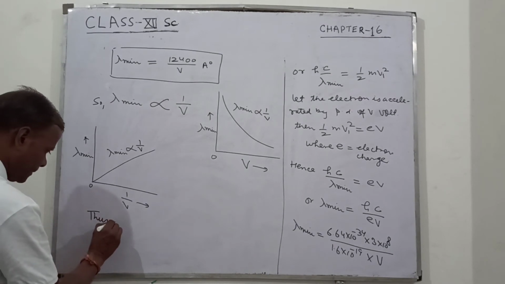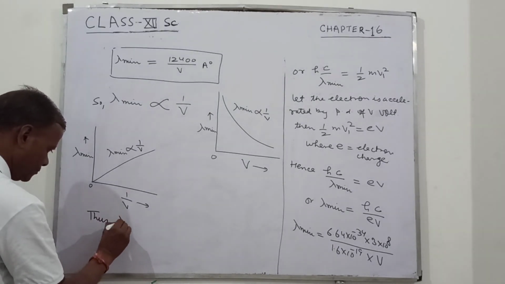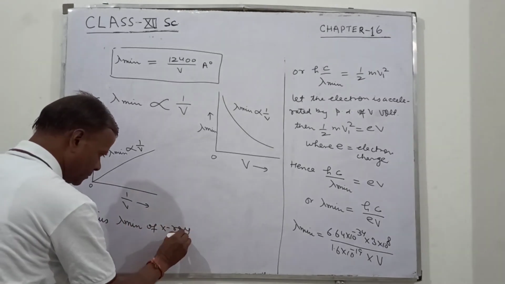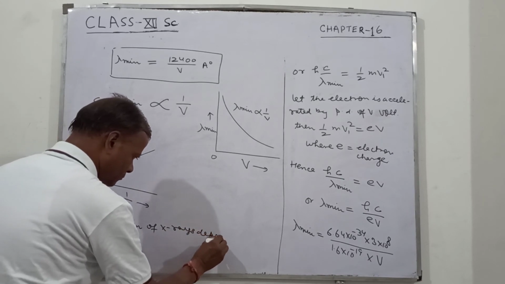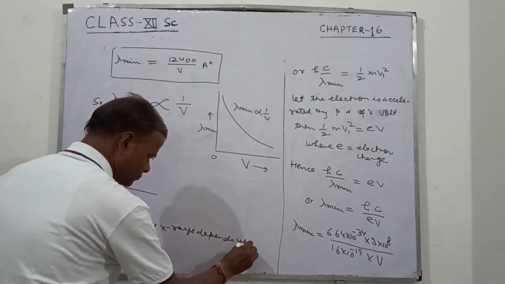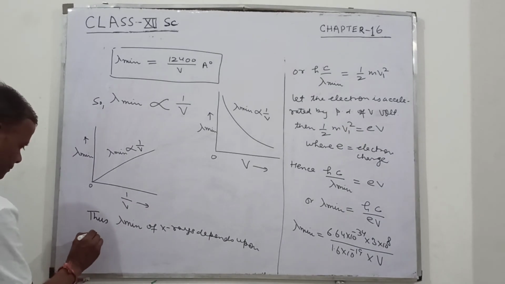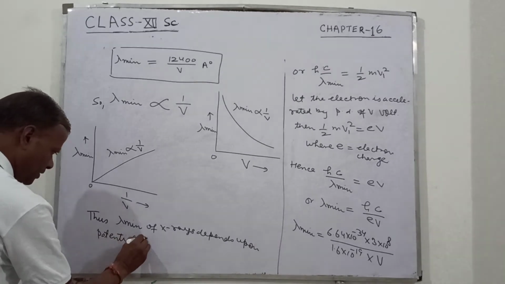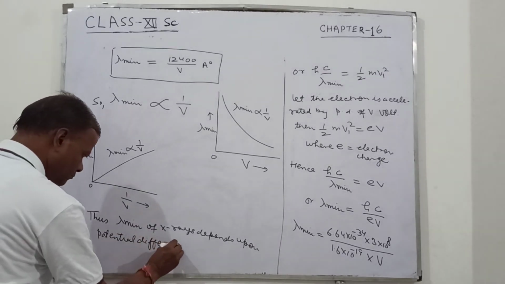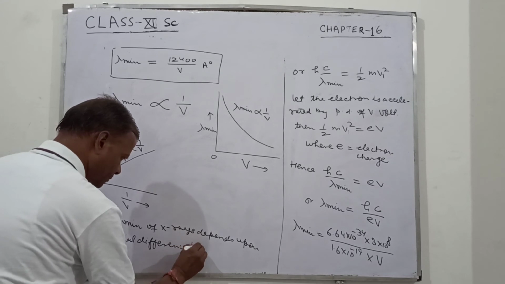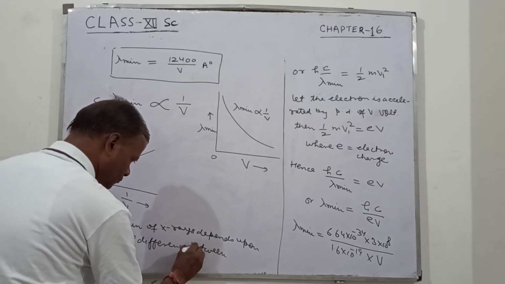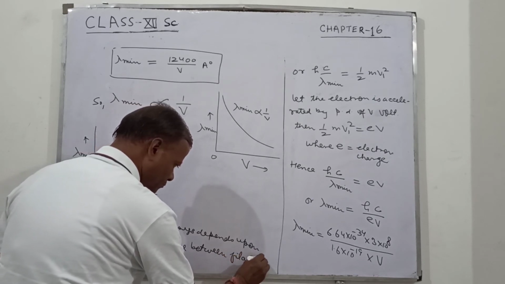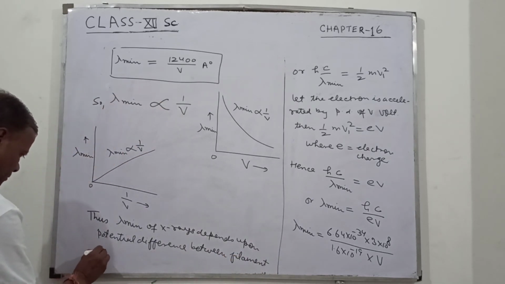Thus, lambda minimum of X-rays depends upon the potential difference between the filament and target.